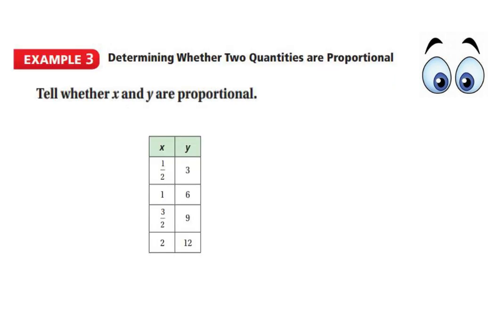So let's determine whether two quantities are proportional. Here is our table, and we do not currently have an x value of 0, but we could work backwards to find an x value of 0, because what you notice is that on the left side, as we work backwards, we are taking away a half each time.